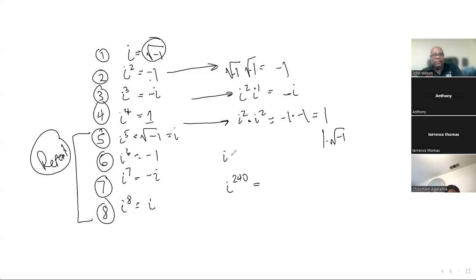Let's do i to the 10th power first. We know that i to the 10th is i to the 8th power times i squared. And i to the 8th power is a multiple of 4, and the 4th one is 1.